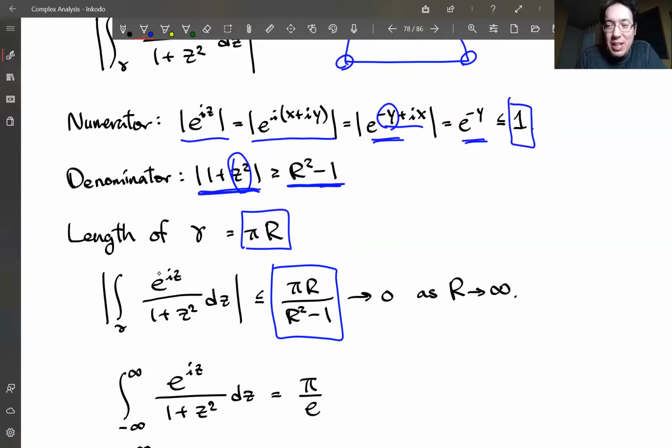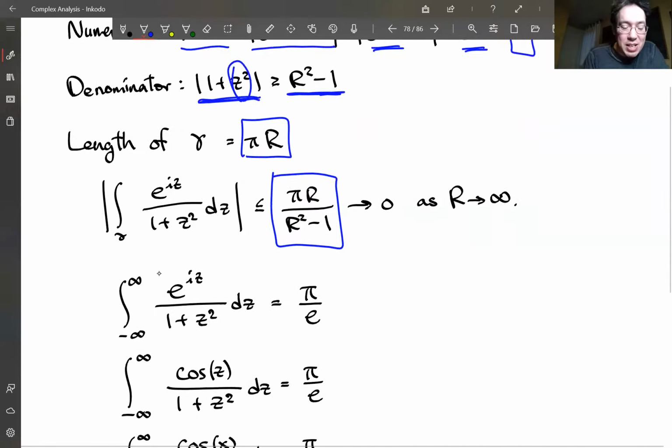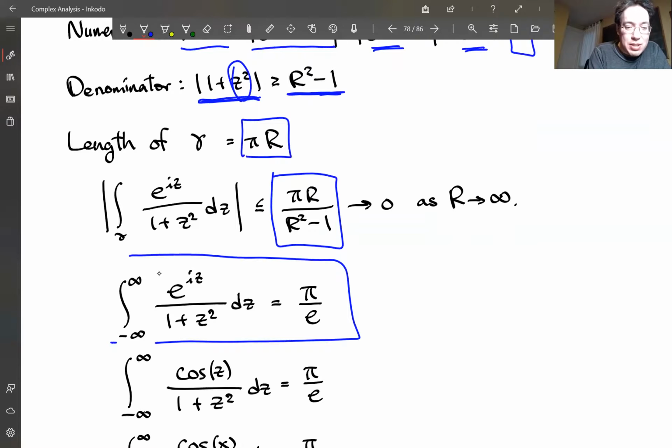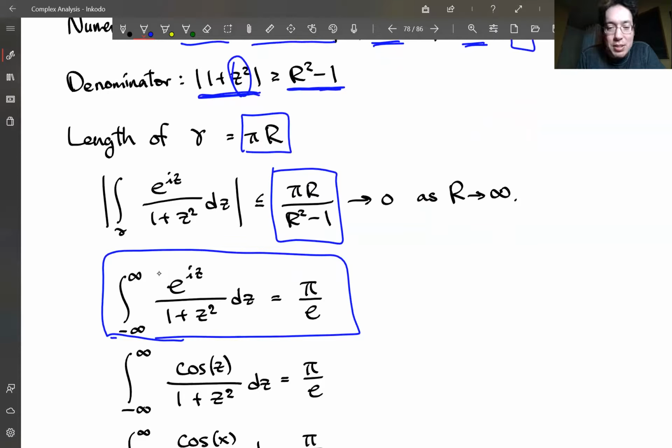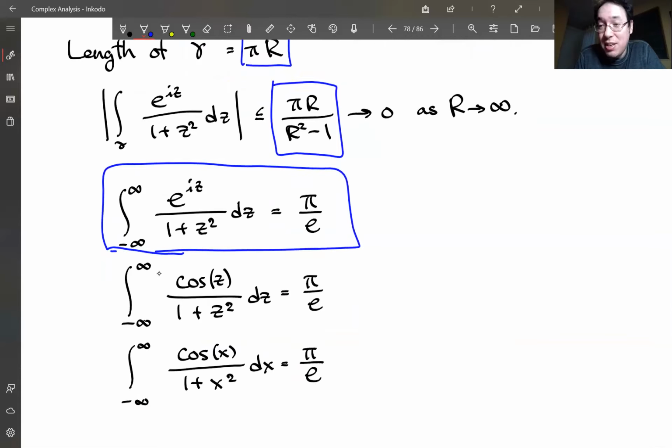So we take the limit as r goes to infinity. We get that this complex integral is equal to pi over e, because the whole thing was pi over e, and the semicircle portion disappears as r gets bigger. Now we just take the real part of both sides. The right-hand side is already a real value, so it doesn't change. The left-hand side does change: e to the iz, if you take the real part, just becomes cosine of z.